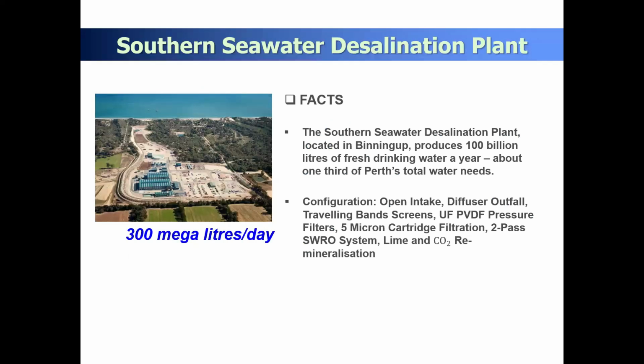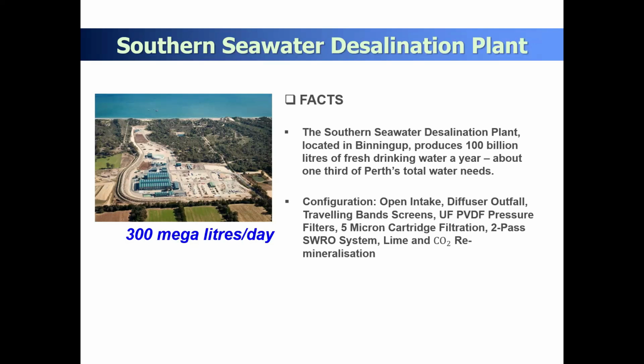So this is ultrafiltration. Reverse osmosis has a very small pore size, but ultrafiltration has a relatively large pore size, used as a treatment for reverse osmosis. The southern seawater desalination plant in Perth and Adelaide utilize ultrafiltration as a treatment.